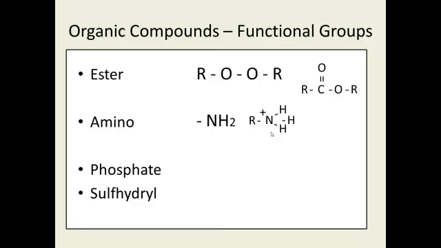So this gives it a positive charge. This also makes it our basic functional group. So if you're looking at a molecule and you're trying to decide whether it's an acid or a base, if you see a positive on it, then you know it's a base.